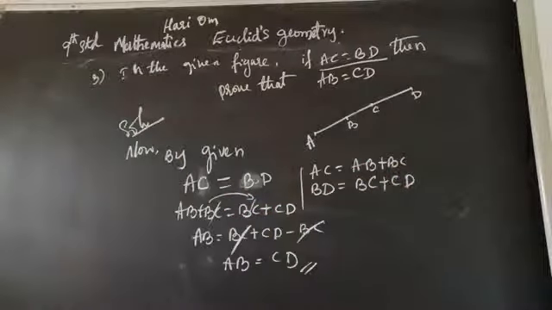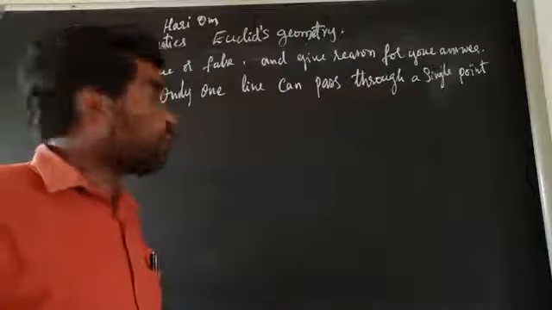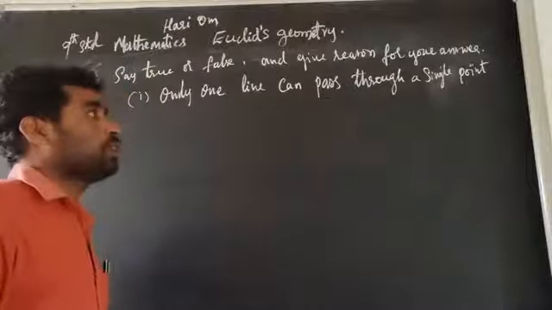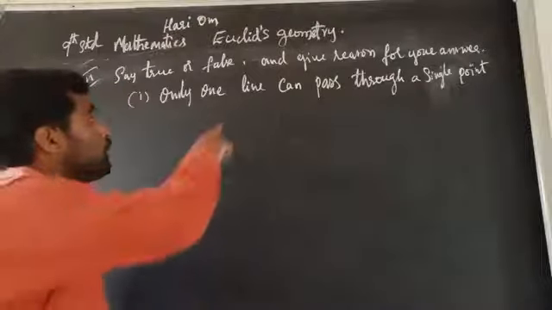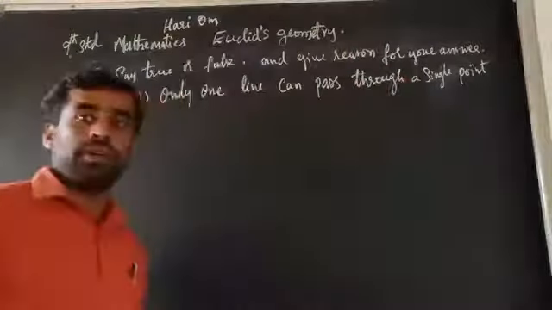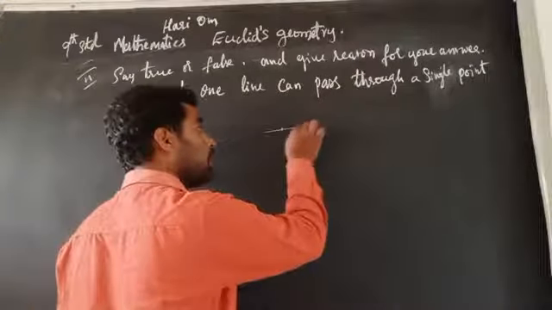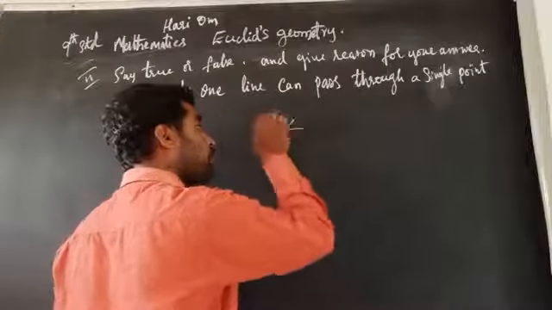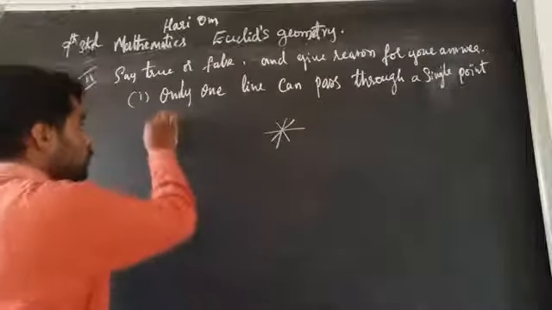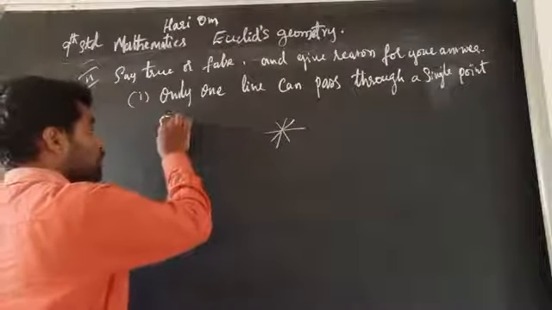Take down this one. Dear students, you have to say true or false and give reason for your answer. Only one line can pass through a single point. Is it correct? If you take a point, we can draw an infinite number of lines. Therefore, the statement is what? False.